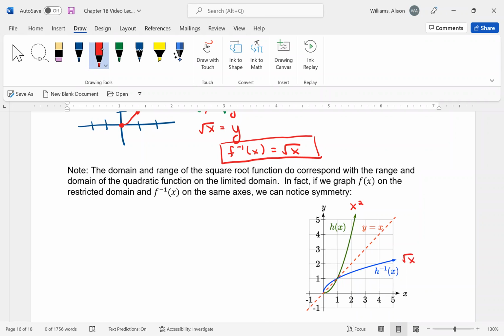That's not a coincidence. That kind of symmetry happens with inverses. They have this symmetry across the diagonal. I want to point out that the domain for this square root function is 0 to infinity, and its range is also 0 to infinity, the exact opposite of how we've restricted our x squared graph.